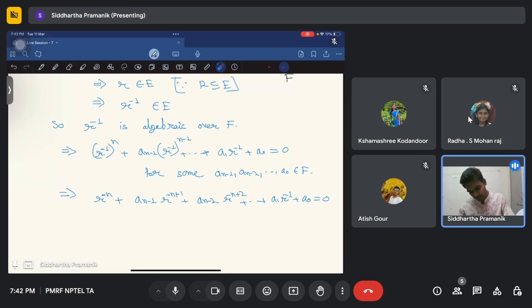Okay, let's multiply R to the power n minus 1 on both sides.